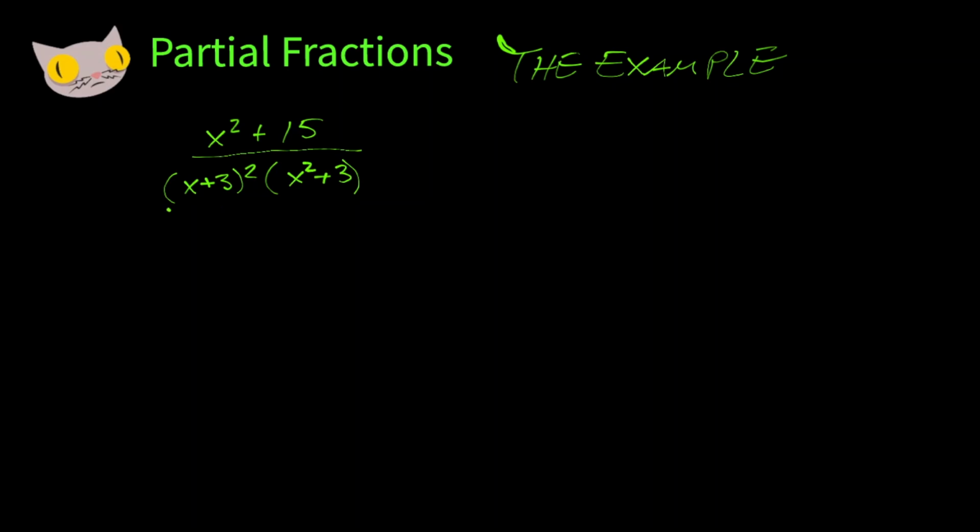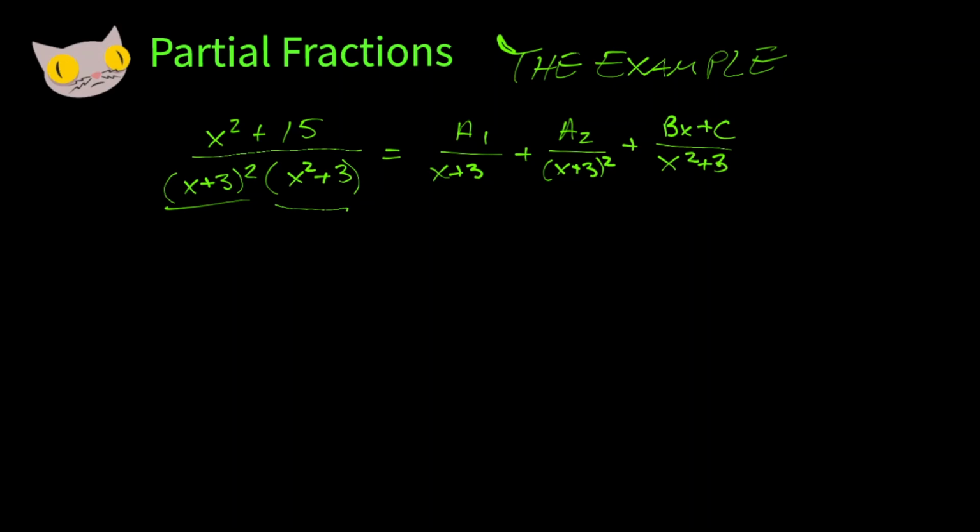And we have a quadratic also, so it's going to need a bx plus c. So we're going to have a1 over x plus 3, plus a2 over x plus 3 squared, plus bx plus c over x squared plus 3.